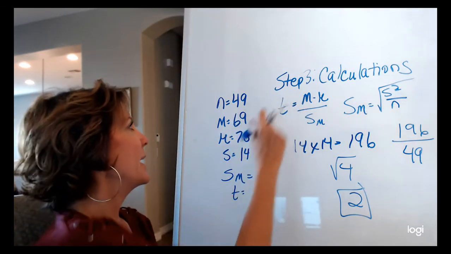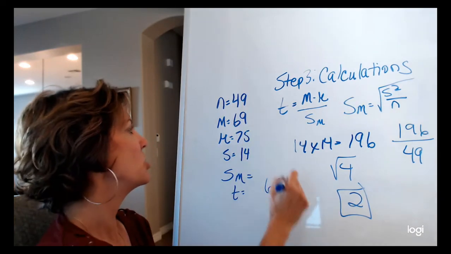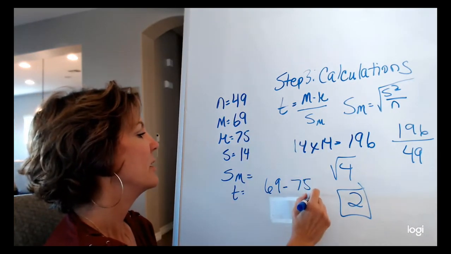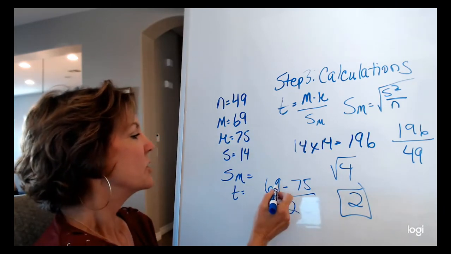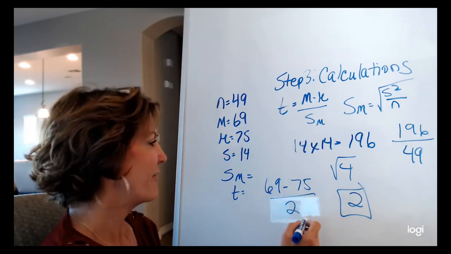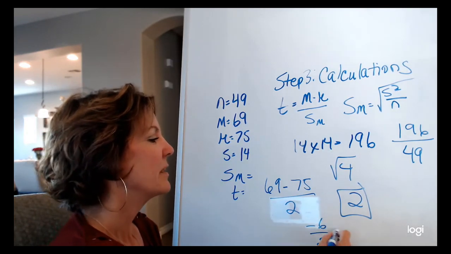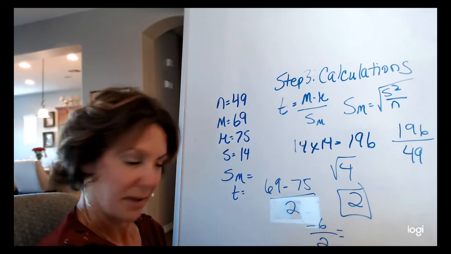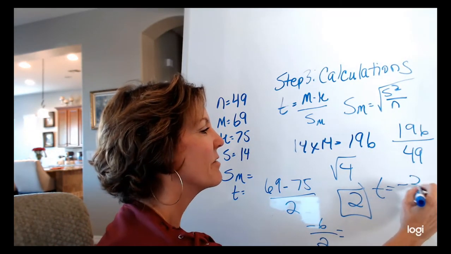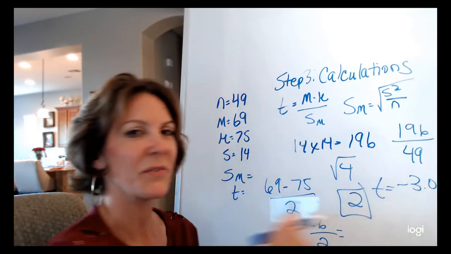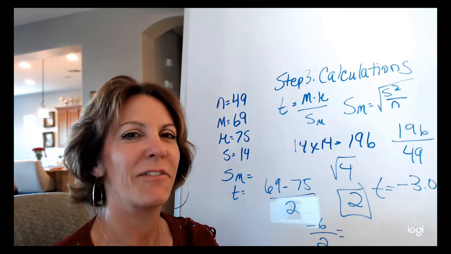We plug in our mean of 69 minus the population mean of 75, divided by our standard error of the mean of 2. So 69 minus 75 is negative 6, divided by 2. So our t is equal to negative 3.00. And now we need to make a decision whether or not this is statistically significant.